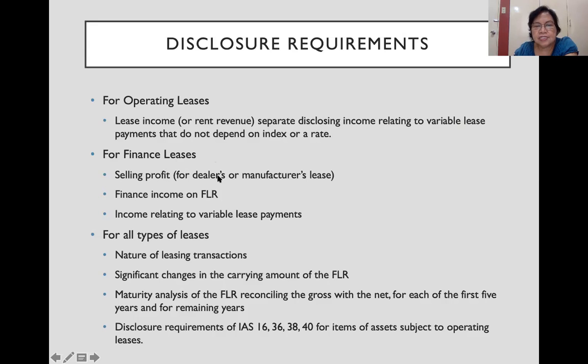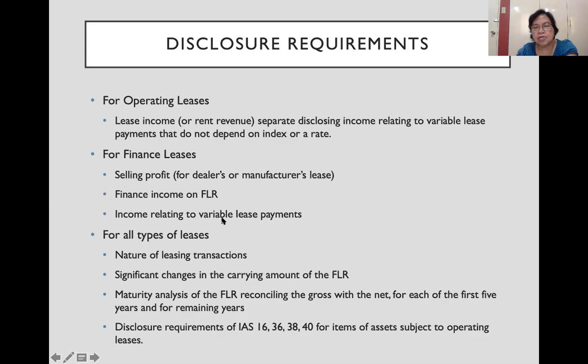For finance leases, for dealers or manufacturers lease, the selling profit will have to be disclosed. So you just present a schedule for the computation of the selling profit. And then the finance income on finance lease receivable, whether direct finance lease or dealers or manufacturers lease.